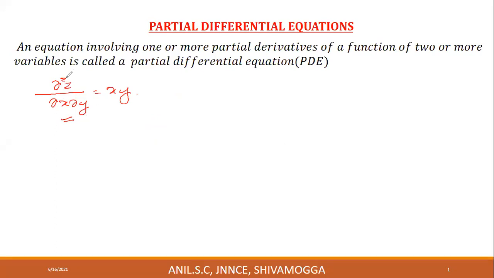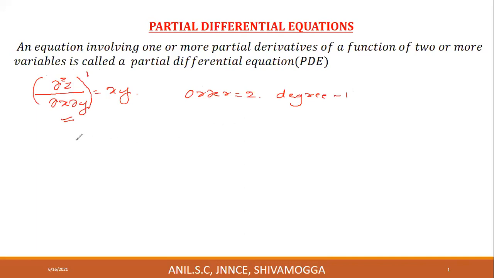Highest derivative is 2, second order derivative. Therefore, order of this differential equation is 2. And what is the index of this highest derivative? It's 1. Therefore, degree is equal to 1. Second order, first degree equation.